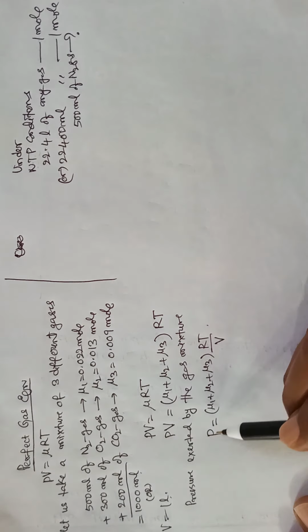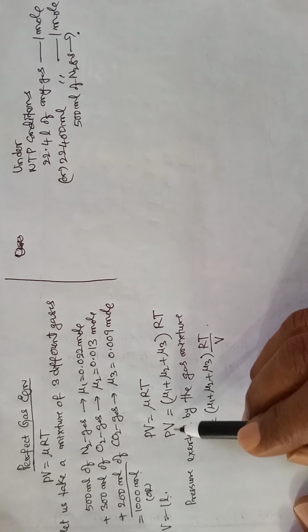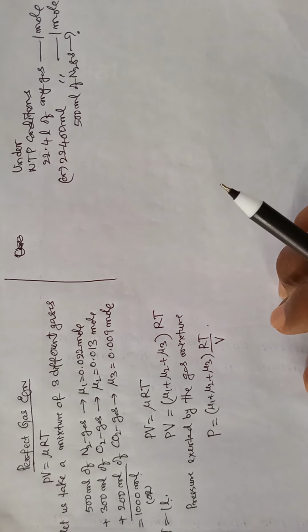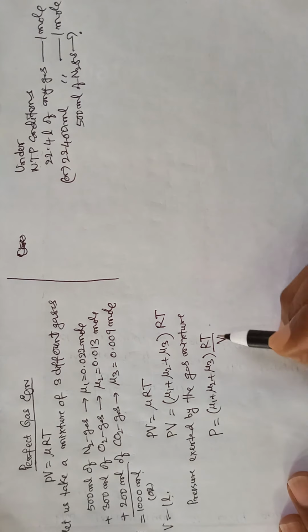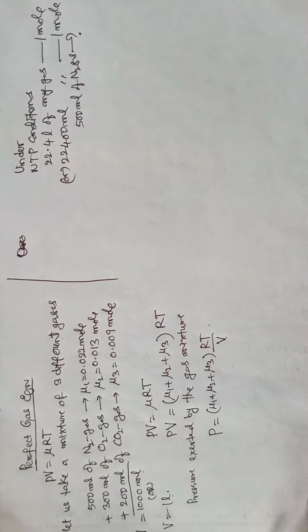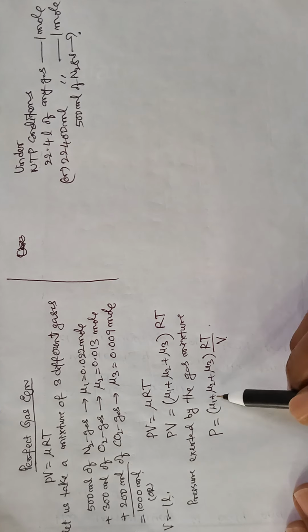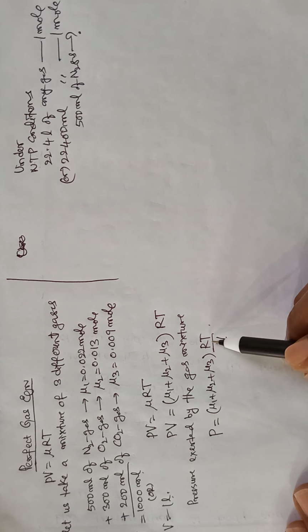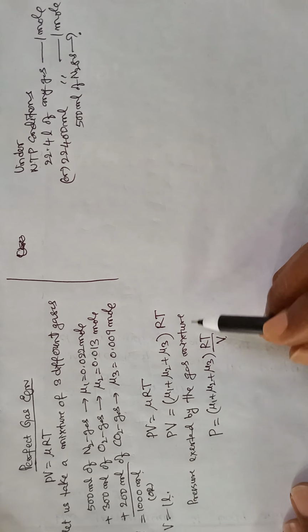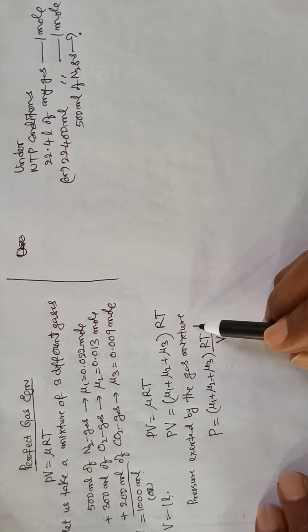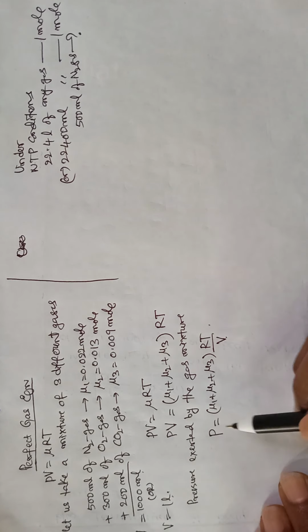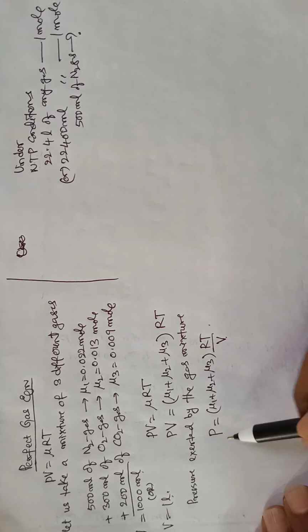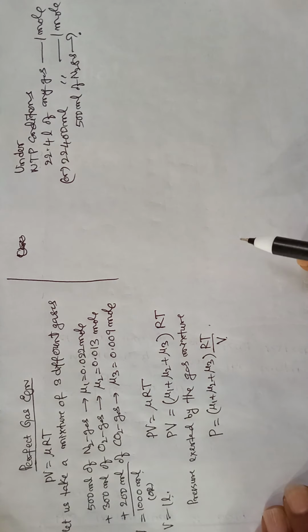So, making P the subject, taking this V to that side. Here V is 1 liter, and substituting the values, theoretically we can calculate the pressure exerted by the gas mixture, and experimentally, using a manometer, we can also find the pressure exerted by the 1 liter gas mixture.